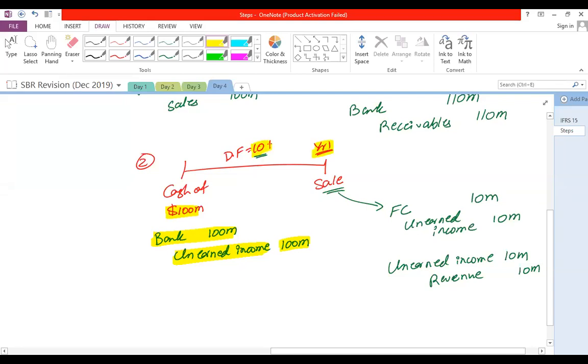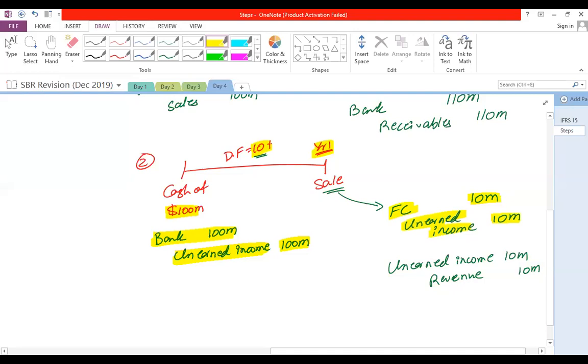Irrespective of whether we will be selling additional goods or not, the standard assumes that we should ideally compound the unearned income by increasing it by 10%. So we credited the unearned income by 10% and we debited the finance cost by 10 million.